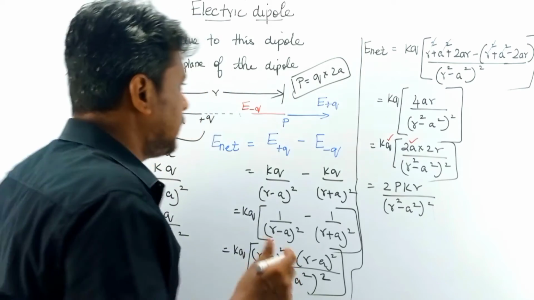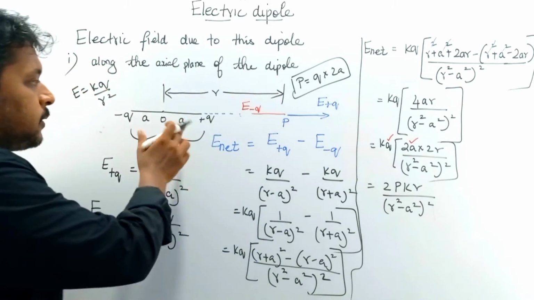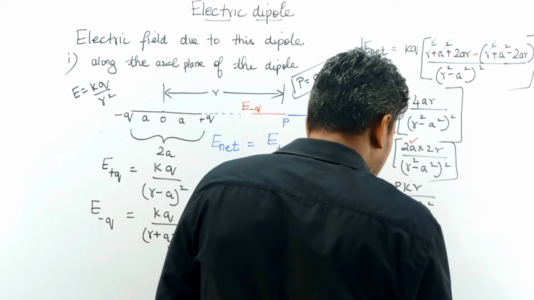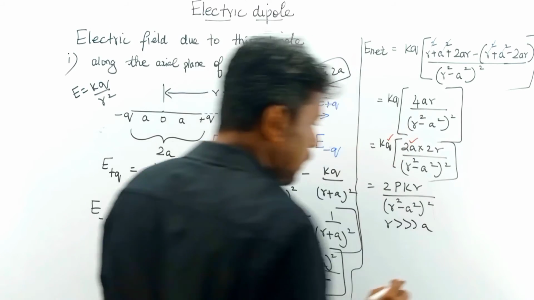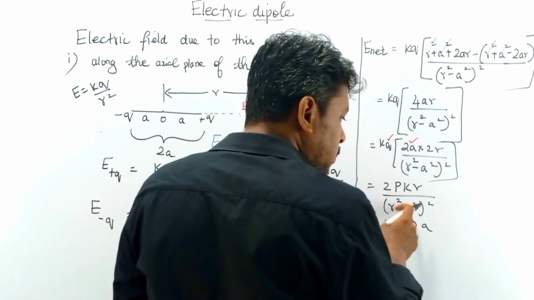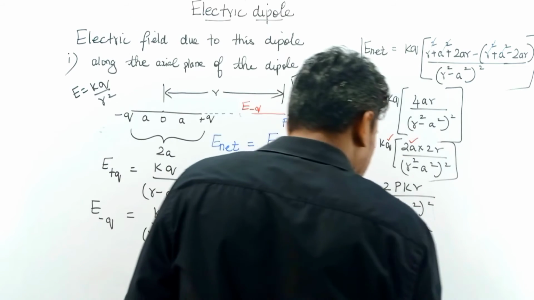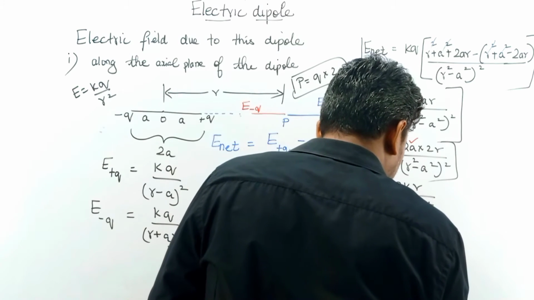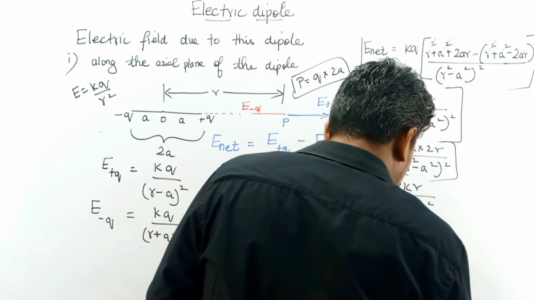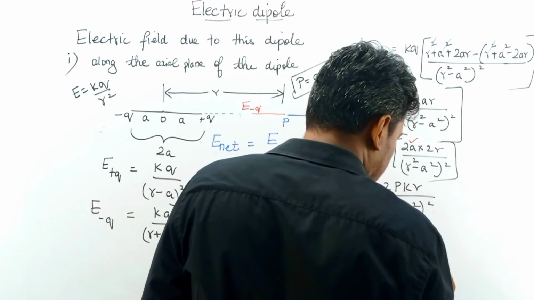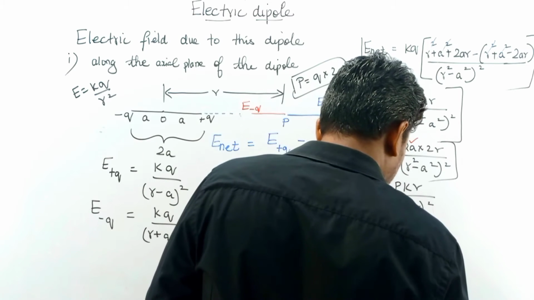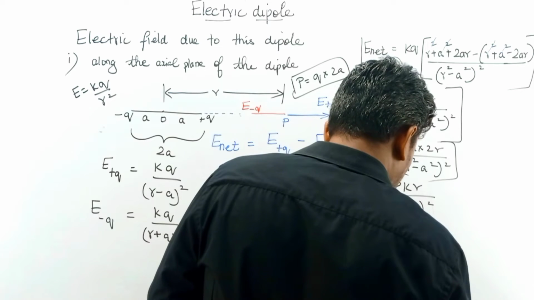So r is far greater than a, and we can eliminate the value of a in this equation. Then it becomes 2pkr by r power 4. One r gets cancelled, so the remaining will be 2pk by r cube.